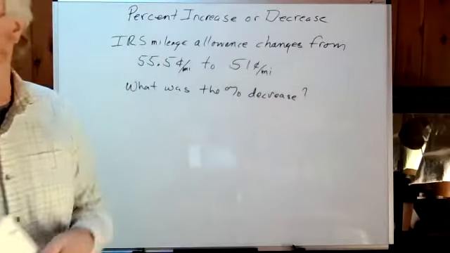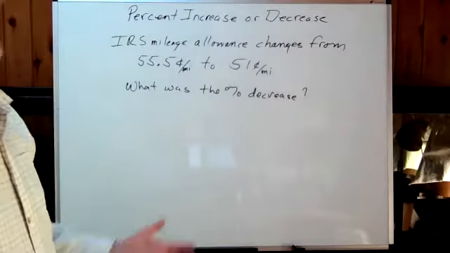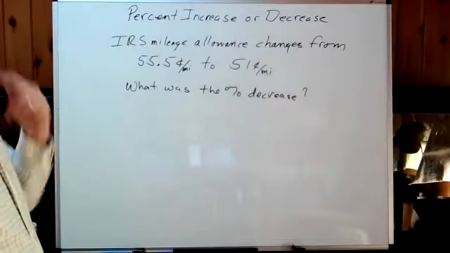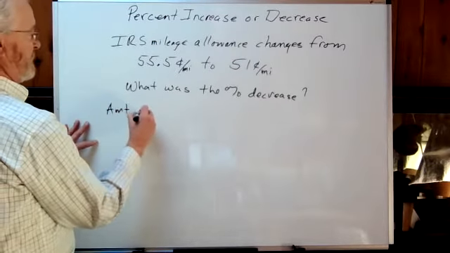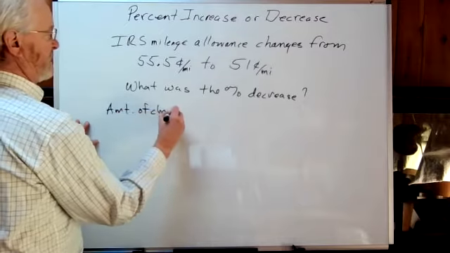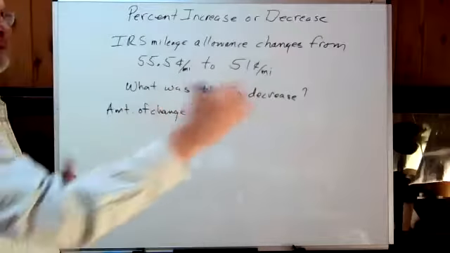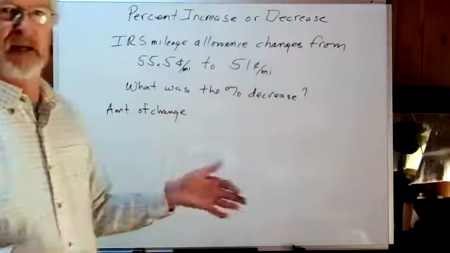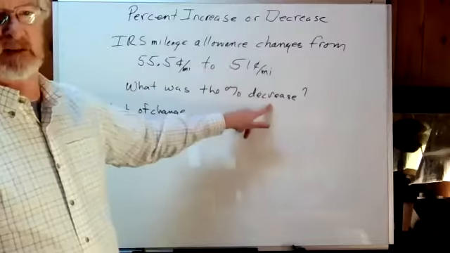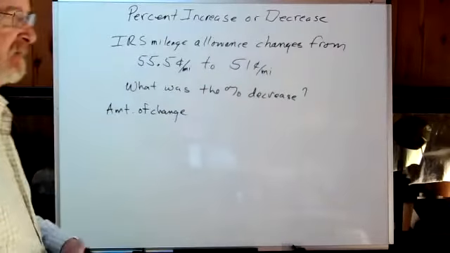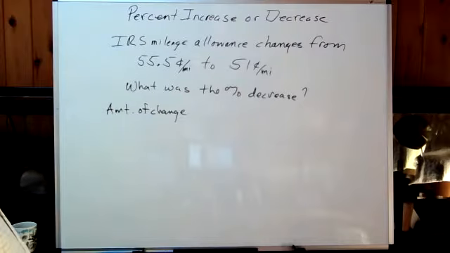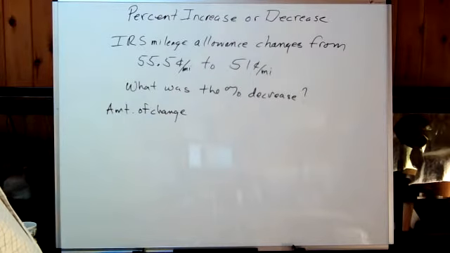Exact same process. This one just happened to go down instead of up. Amount of change. We're not dealing with positive, negative. The problem told us it was a decrease. How much did it go by? Absolute value kind of thing. How much did it decrease by? What's the amount of change?